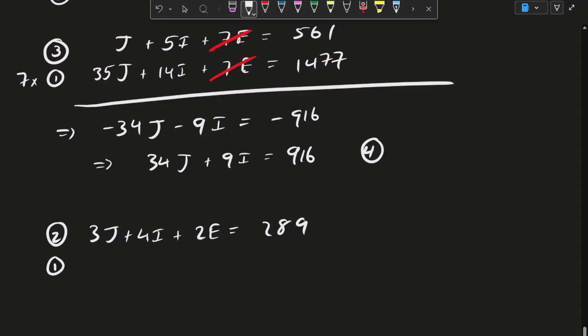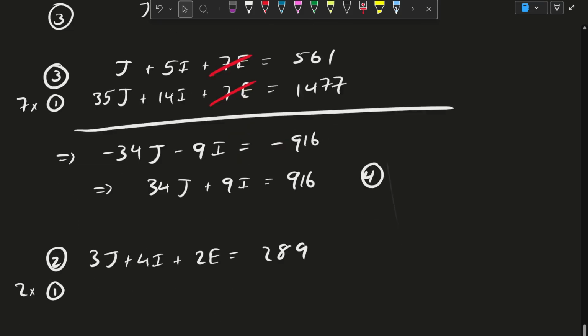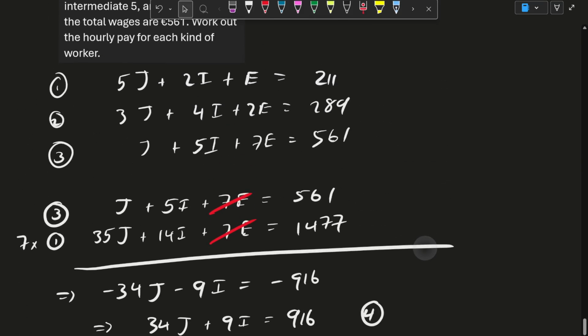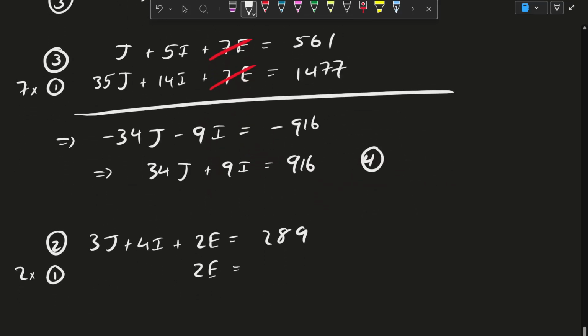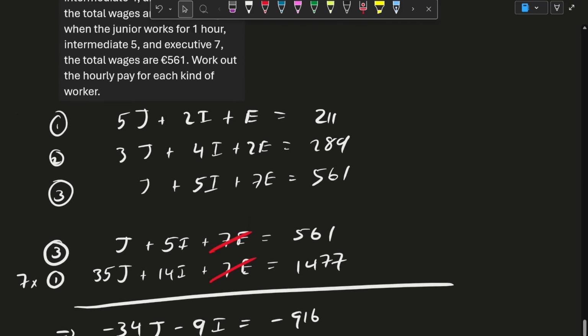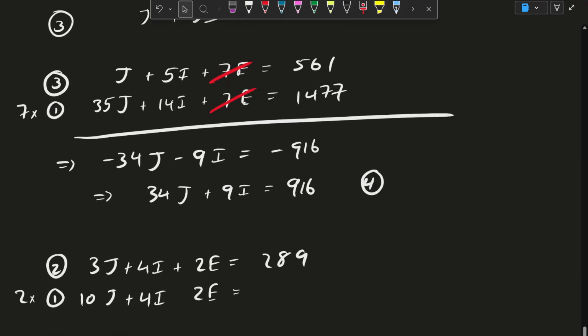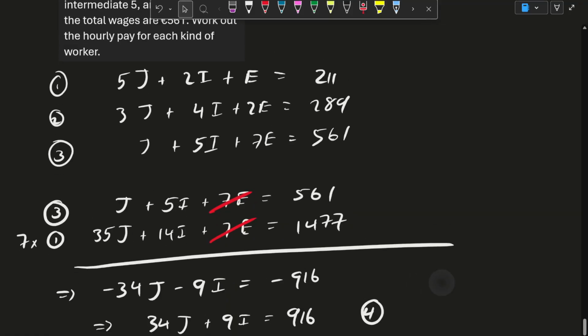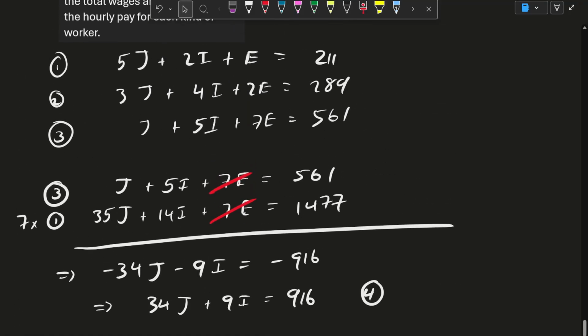And then we're going to take equation 1 and multiply it by 2, again so we can get the 2E popping up as well. So it turns into 10J plus 4I, it actually works out fairly nicely, is equal to 211 times 2, which is 422.